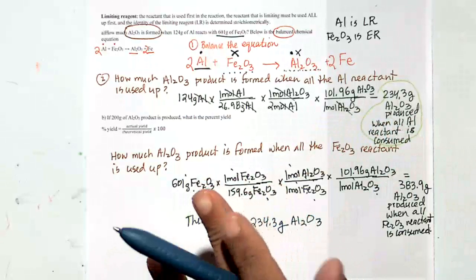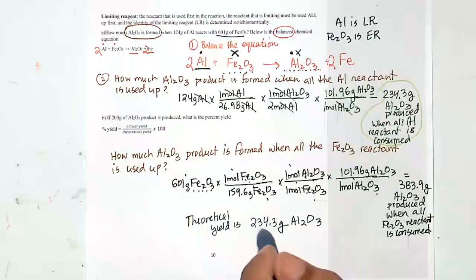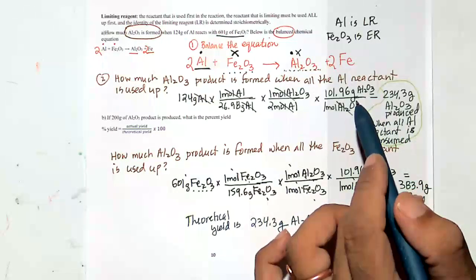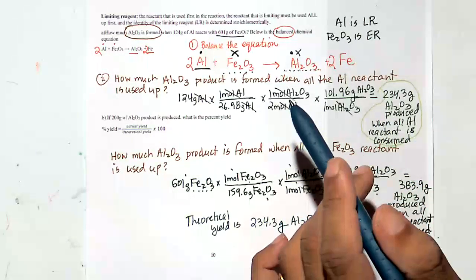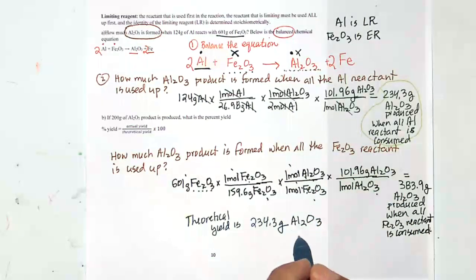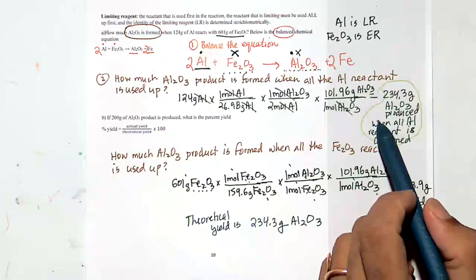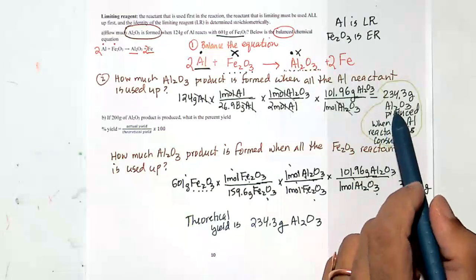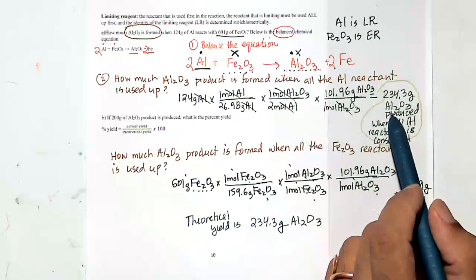But really, no one ever makes that because stuff spills, some things boil off, things stick to the side of the filter paper, whatever happens, mistakes happen, human error. So we really don't get to the theoretical yield based on stoichiometry.